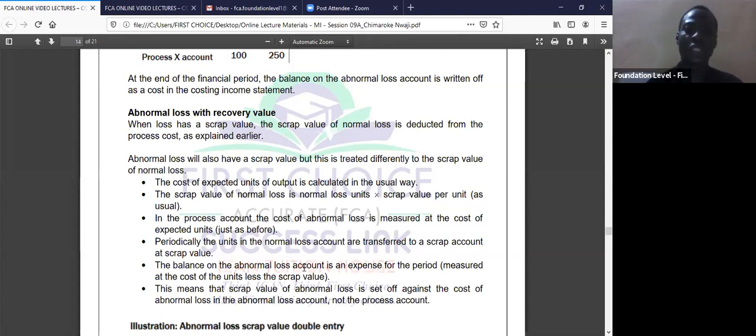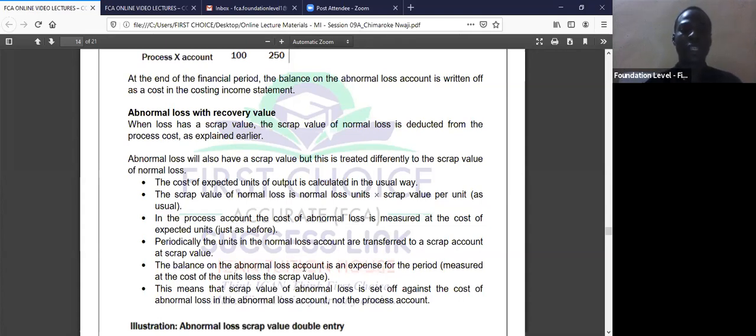So nothing changed here. Periodically, the units in the normal loss account are transferred to a scrap account at the scrap value. So when we say normal loss, it doesn't end there. We usually transfer it to a normal loss account, abnormal loss account. Then we further transfer both of them to what we call a scrap account. Whatever has been captured in the normal loss and abnormal loss gets transferred to the scrap account.